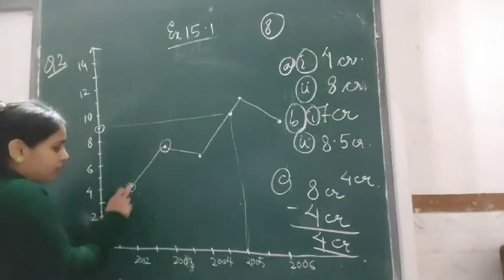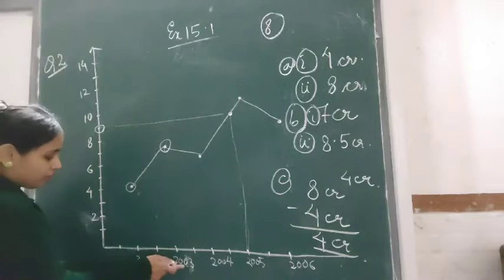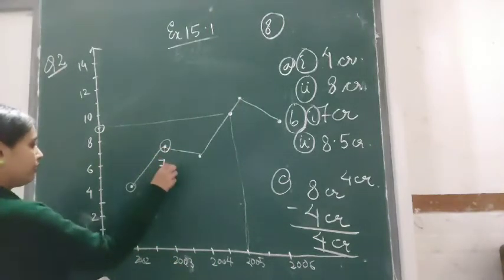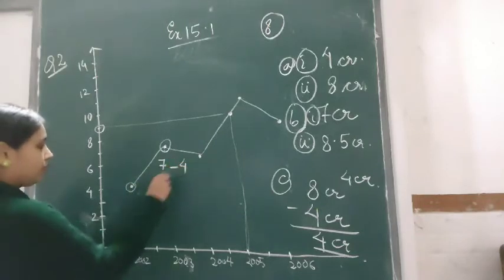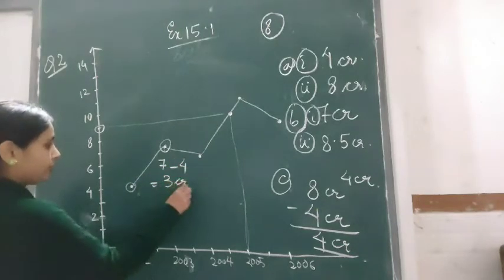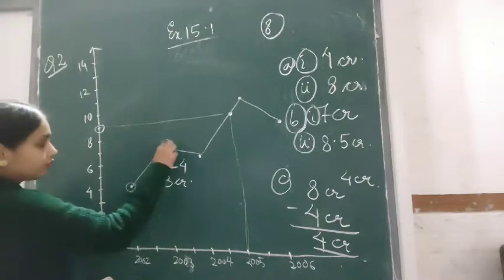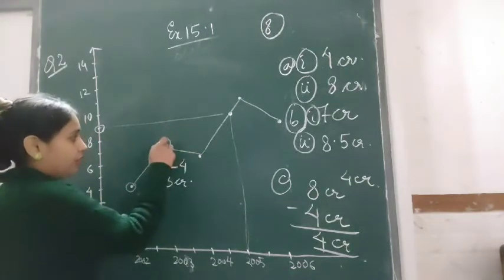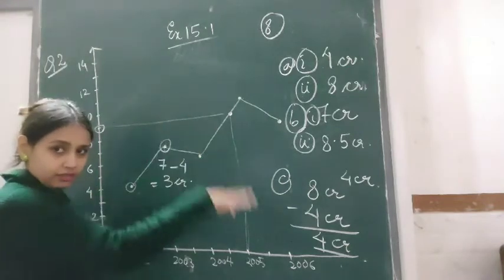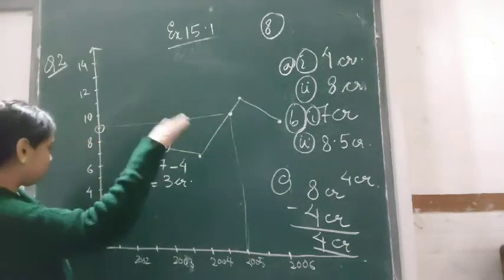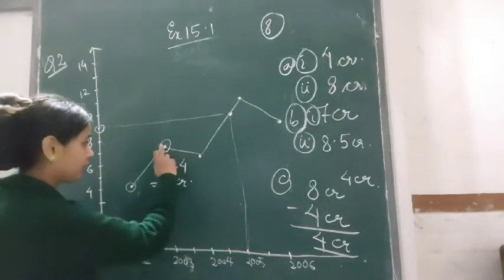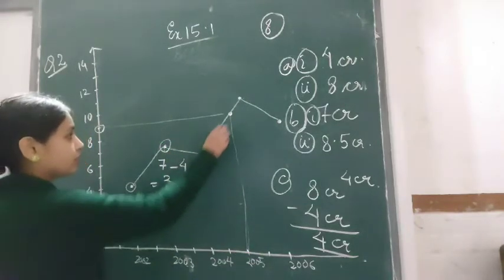So we go to 2003 minus 2002, that is 7 minus 4, which is 3 crores. Then here the difference will be negative because there was not a hike. Instead, the data is showing a downward trend. So we are not checking this.